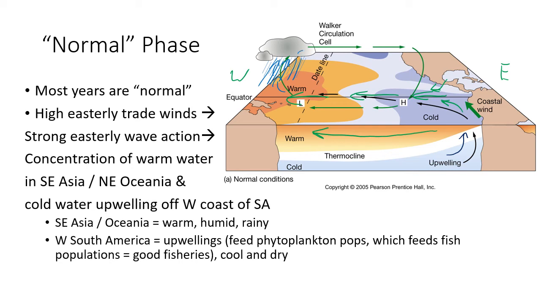As it does so, it's going to cool. It's up in the top of the troposphere, and it is very cold, and it's going to move back and replace itself down on the easterly side.